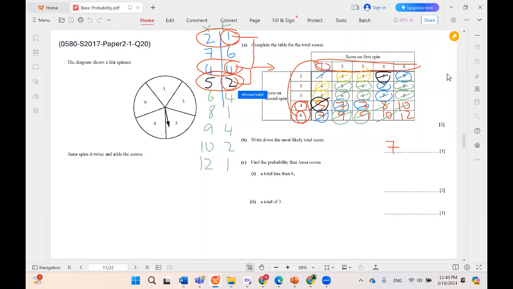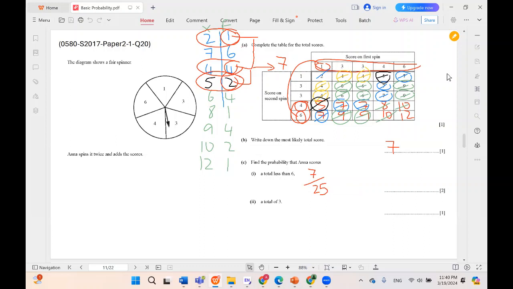So 1 plus 4 plus 2 gives us 7 times. So these occurred a total of 7 times. So we have 7 divided by the total number of possibilities. And here we have 5 numbers and 2 spins, so we have 25 possibilities, 5 times 5. So the answer is 7 over 25.